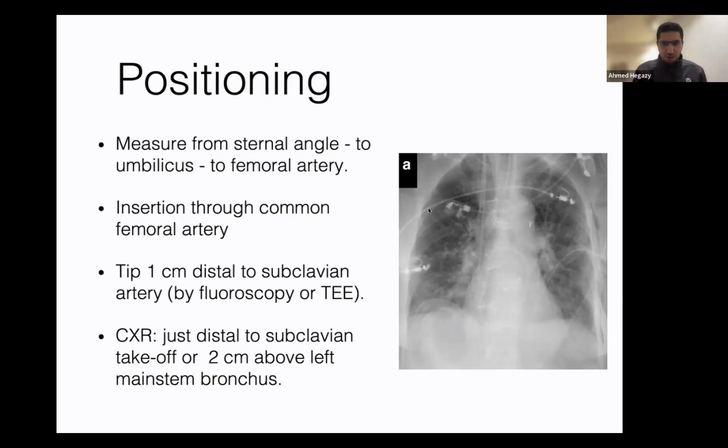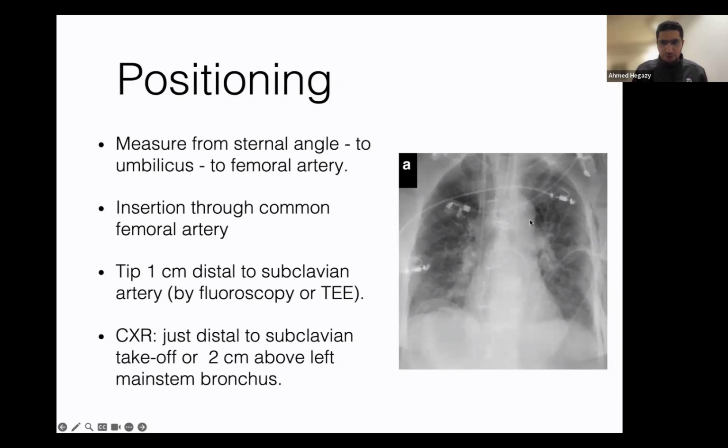So on X-ray, you should see that the radiopaque tip here is about 1 centimeter or 2 centimeters above the left mainstem bronchus, or roughly at the level of the carina. So basically, where do you want that tip to be? You want it right after the takeoff of the left subclavian artery. So the left subclavian artery here is at the end of the arch of the aorta.